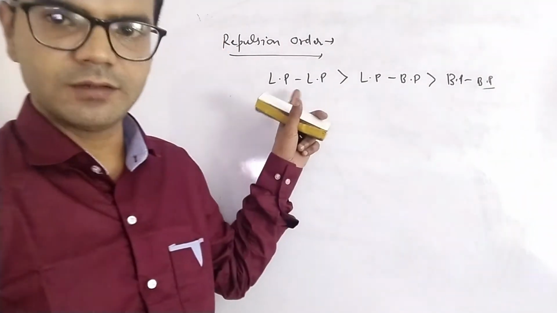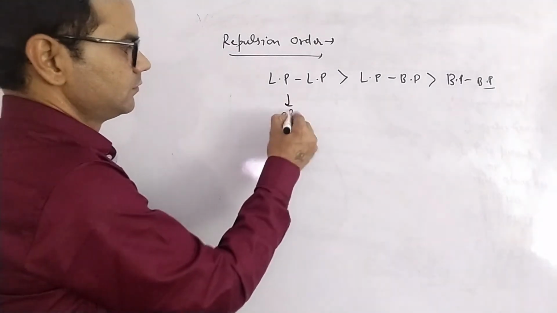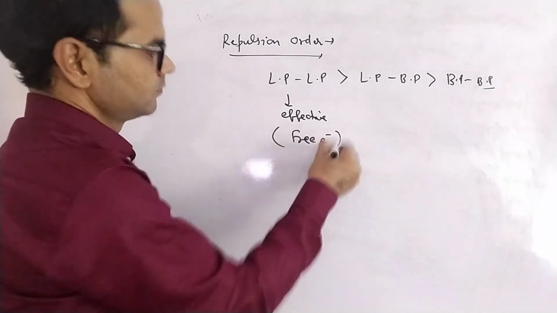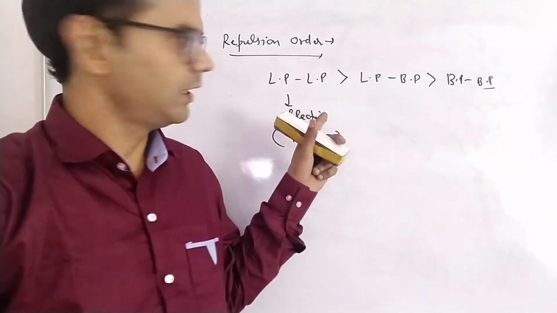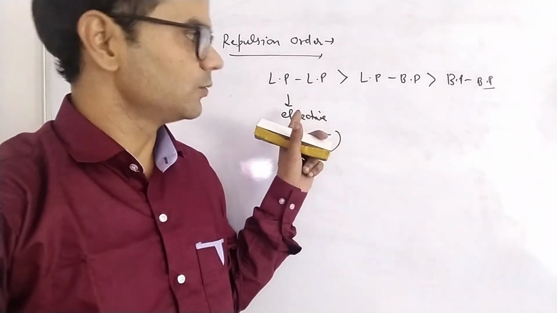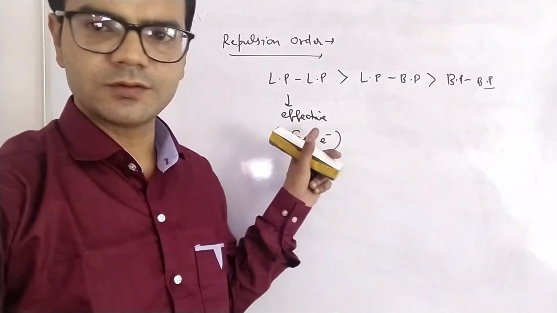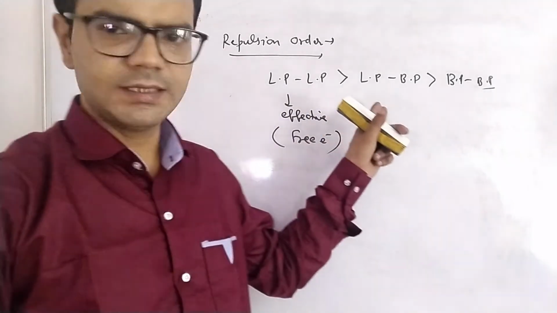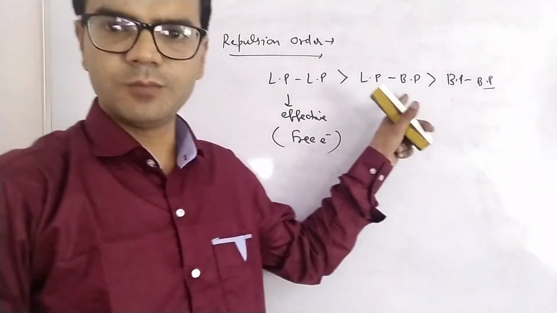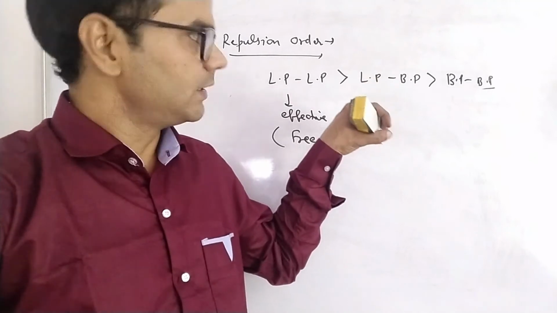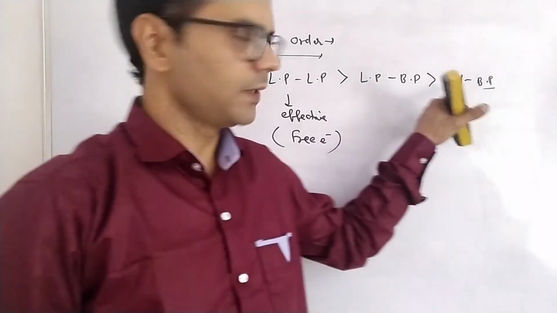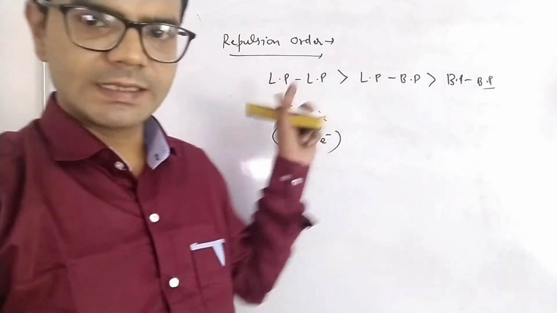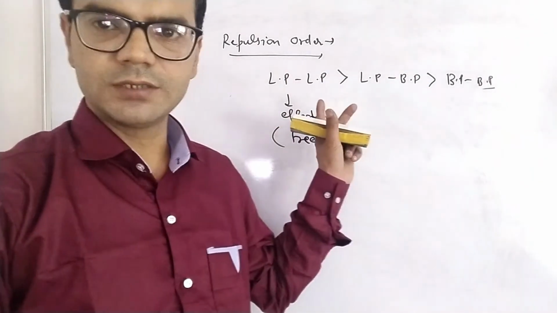Why is lone pair repulsion effective? Because of their free electron nature. They are not attracted to other atoms, they are just free electrons, so they repel more strongly. Second is lone pair-bond pair. Bond pairs are bonded electrons, so there is a decrease in repulsion, and bond pair-bond pair repulsion is least. This will decide the geometry of molecules.